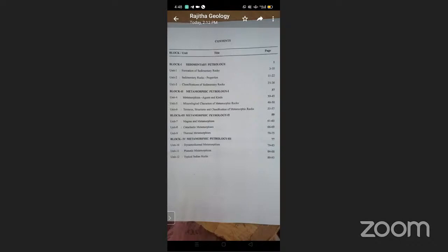Unit 6, textures, structures, and classification of metamorphic rocks. Block 3, it is metamorphic petrology, second part, which contains magma and metamorphism. Unit 8, metaclastic metamorphism. Unit 9, thermal metamorphism.